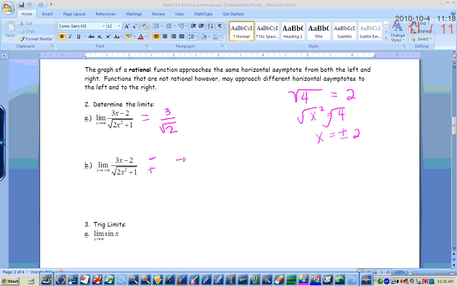So therefore, the limit is negative 3 over root 2. We didn't really think about it in part A, but in part A, as x approaches positive infinity, 3 times a positive infinity minus 2 is a positive number. And then the bottom, since I'm squaring x, will always be positive. So I had a positive divided by a positive, which would be positive 3 over root 2.